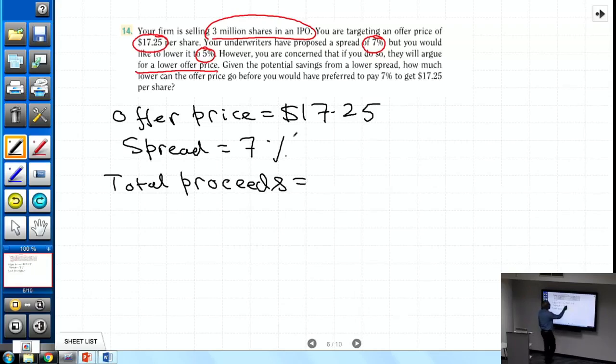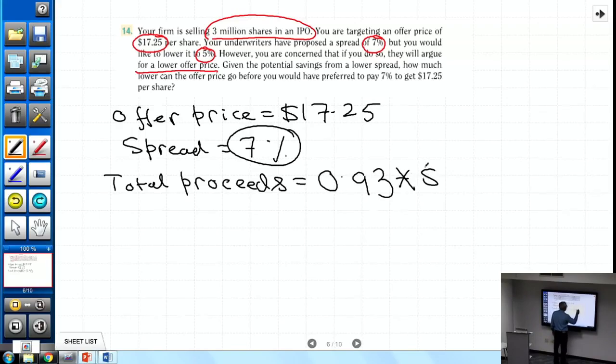If the spread is 7%, what you are keeping is 93%, which is 1 minus the 7%. That 93% is based on a share price of $17.25, and you are expecting to sell 3 million shares.